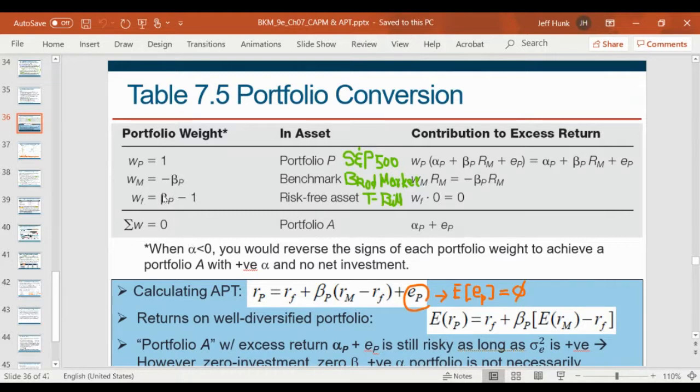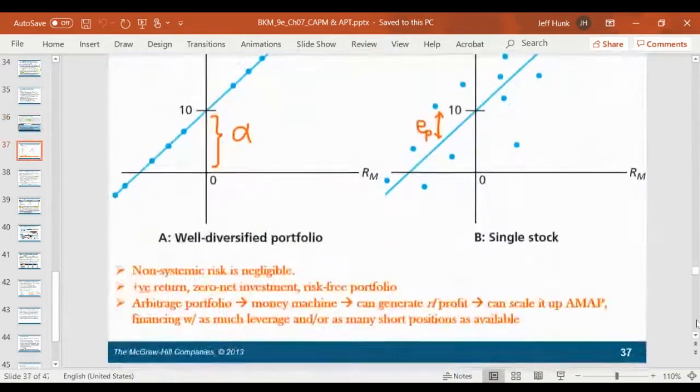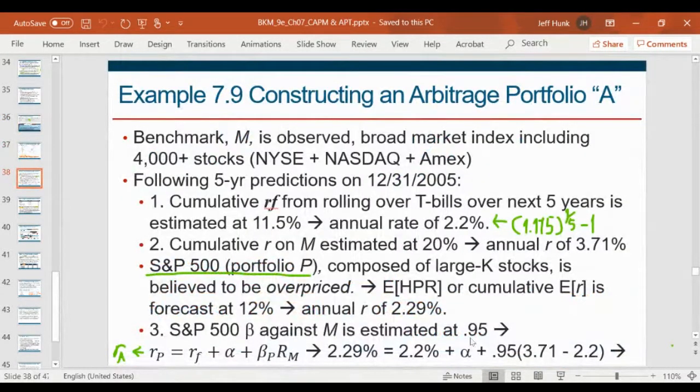So the factor loading of the broad market towards the S&P 500 is captured by beta, and in our example it was 0.95, if I remember from our last session.